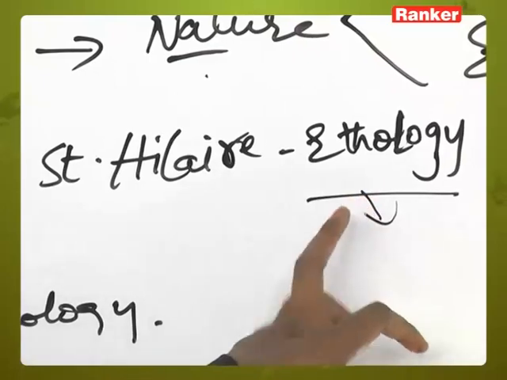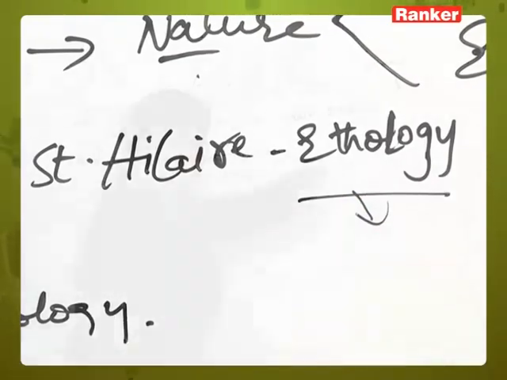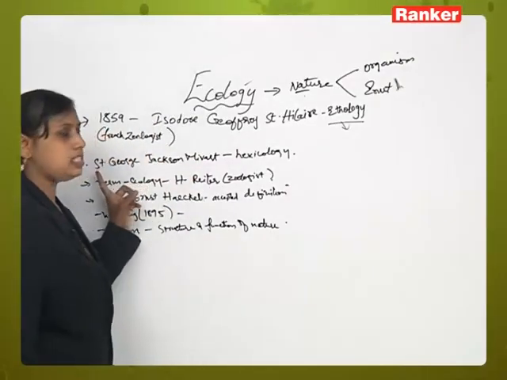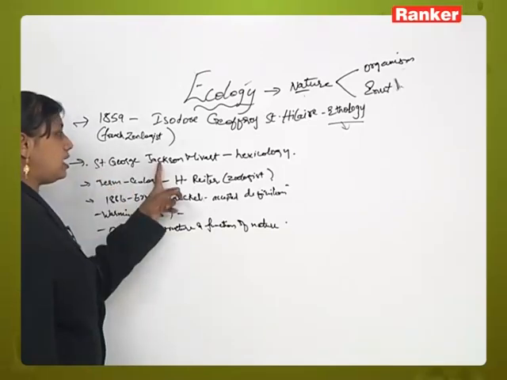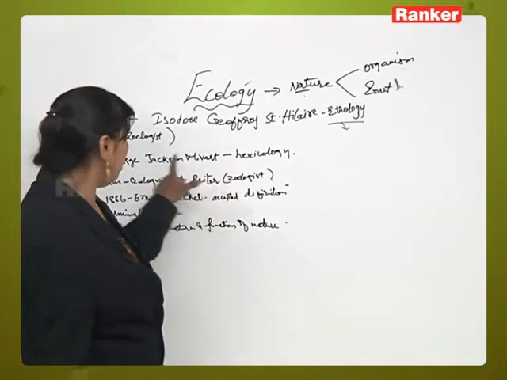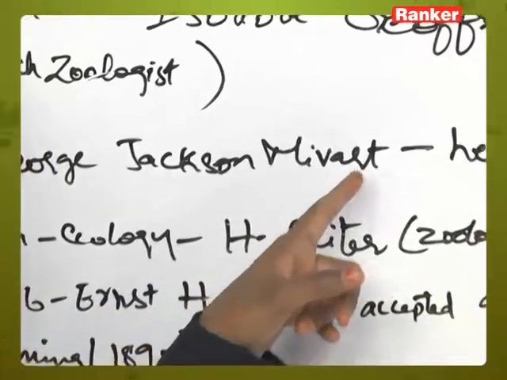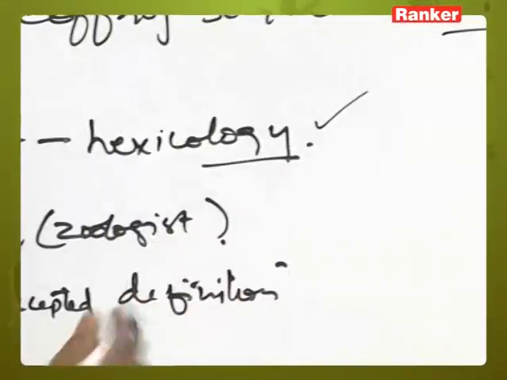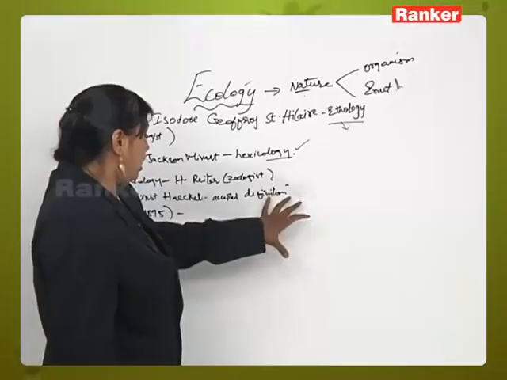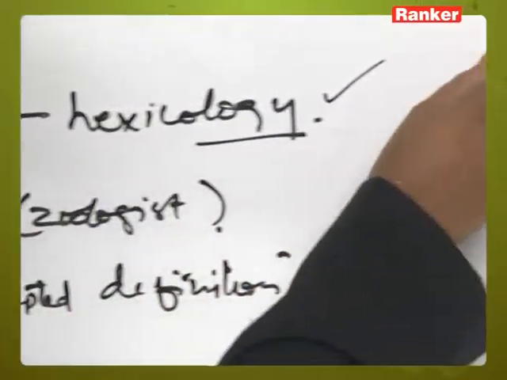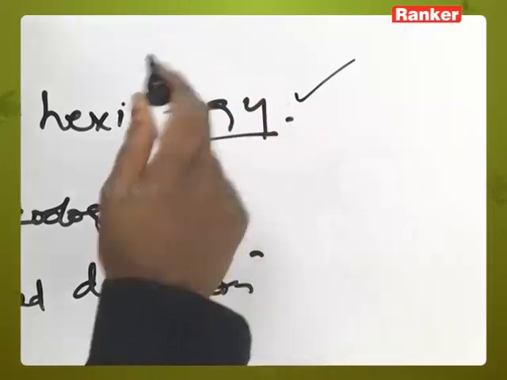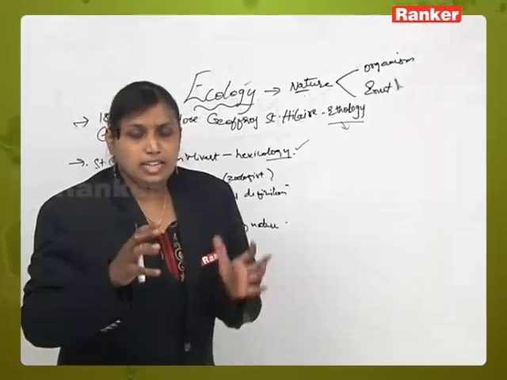Next, at the same time there was another Englishman called St. George Jackson Mivart. Instead of ethology, he used the term hexicology.